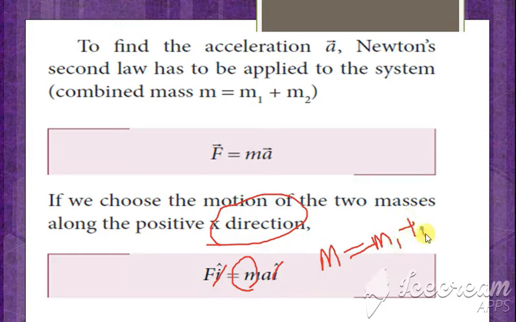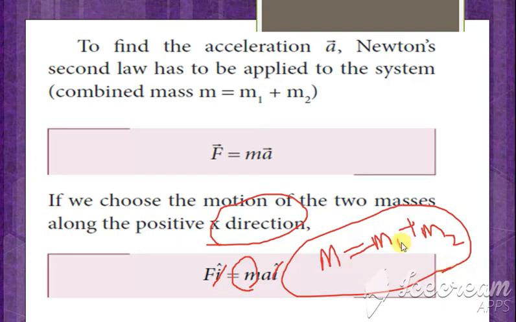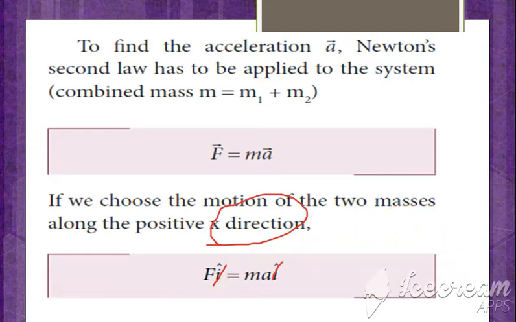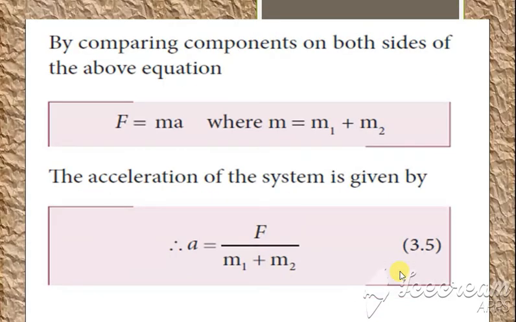m1 and m2. So we write this m as m1 plus m2. So instead of this mass m, we are going to write m1 plus m2. When you write the mass as m1 plus m2, we get the equation for a. F is equal to m into a, and instead of m, I am writing m1 plus m2.